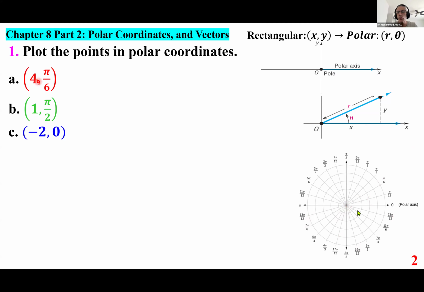And then for r, the first circle is considered 1 tick mark, and then you go up 4. So 1, 2, 3, 4 circles. So first you locate the angle. Then for 1 comma pi over 2, we locate the angle, obviously pi over 2, right up here. And how many tick marks? 1. How many circles? The first circle.